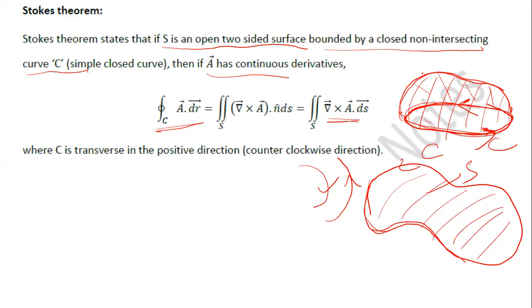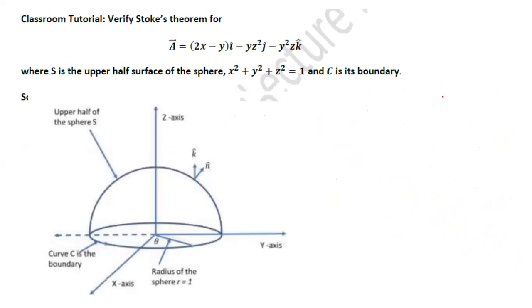So this is the total rotating flux across the surface, which equals the line integration of this vector field around this closed curve. This is what Stokes' theorem says.